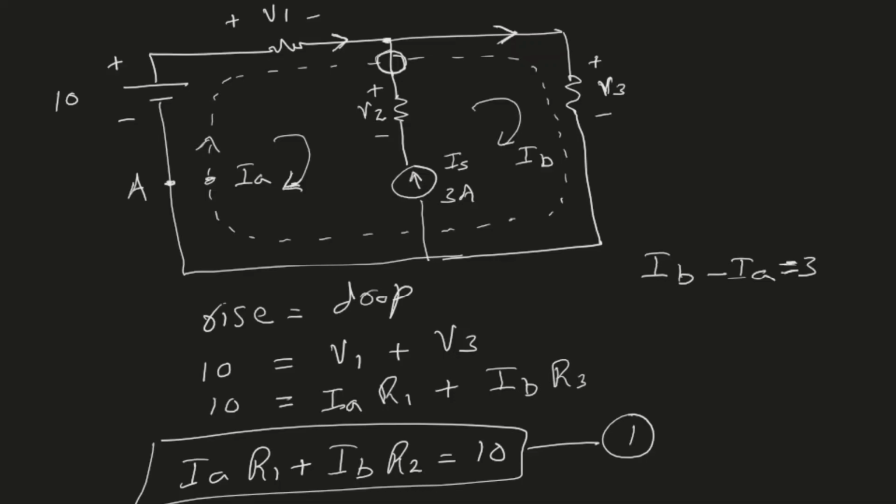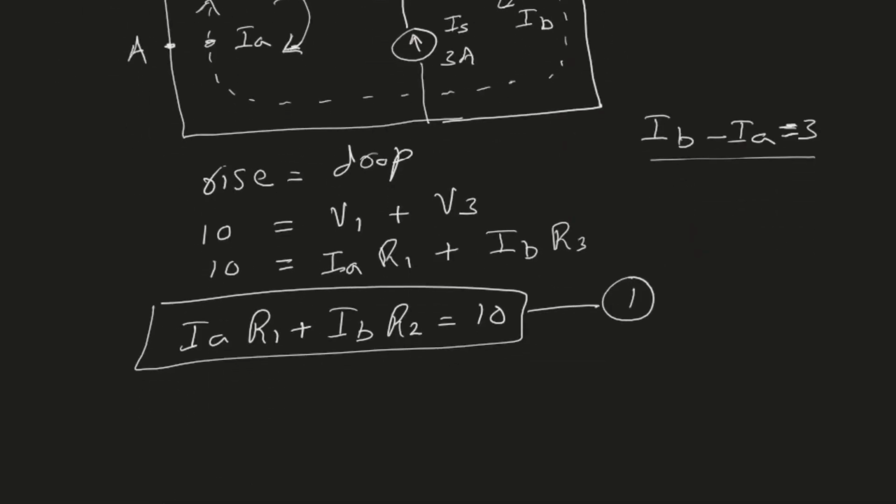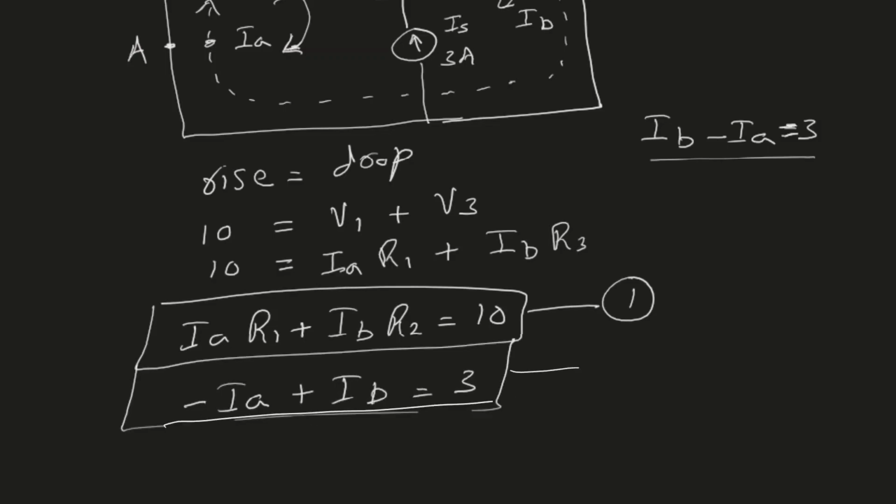So whatever IB is, once I subtract IA from it, it should give me 3 amperes going upward. And that's what I did here. IB minus IA equals 3. So this gives me the second equation, and I can write it now. Negative IA plus IB equals 3. So this will be my second equation. And now we have two equations and two unknowns, and we can solve it very easily.